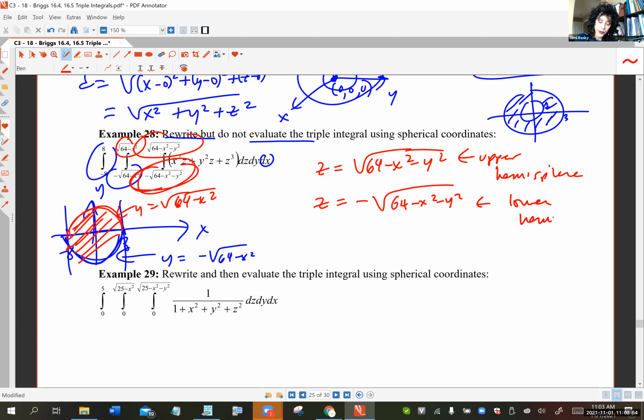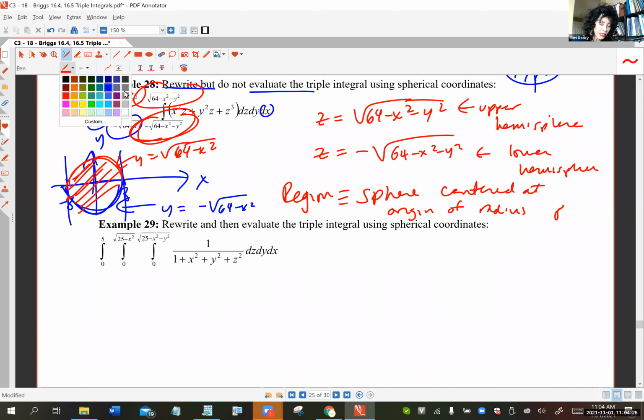So together, the lower and the upper, you have a full-on sphere. So I claim the region of integration is a full-blown sphere centered at the origin of radius 8, based on all the limits of these integrals. Okay, so the region is a sphere centered at the origin of radius 8. Well, how does that help?